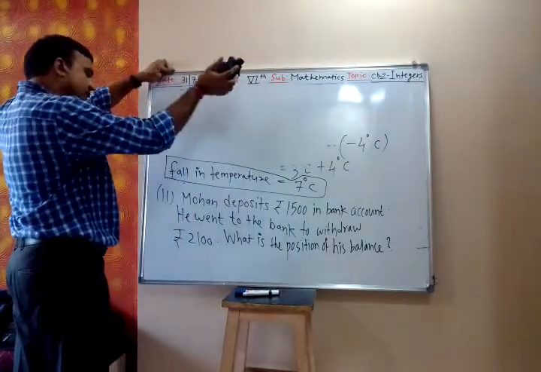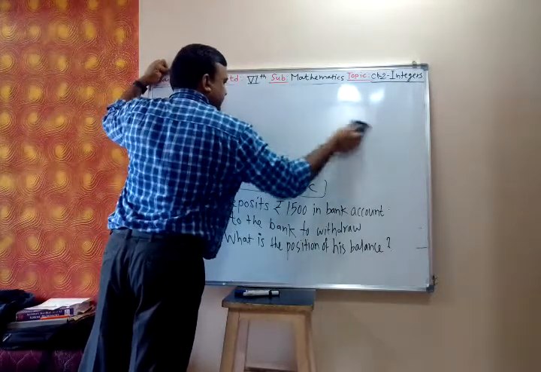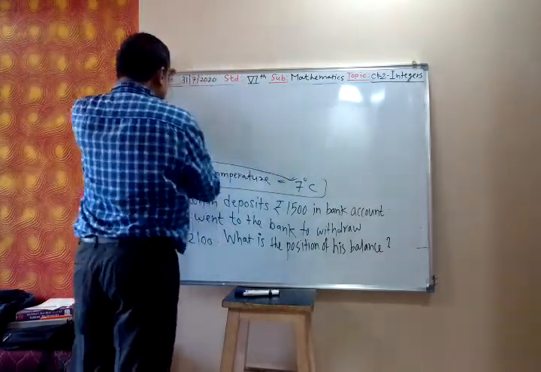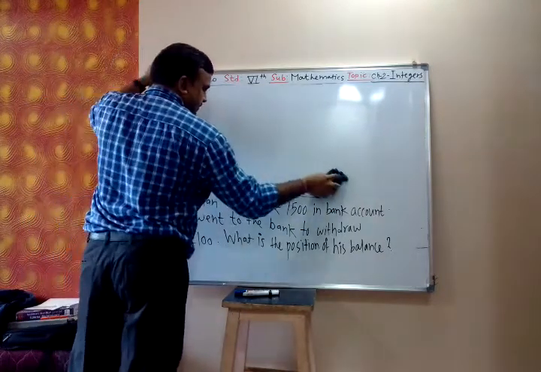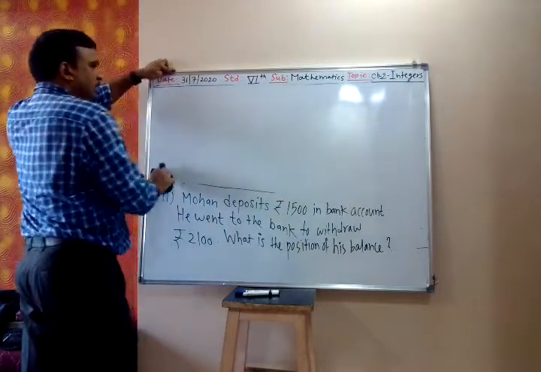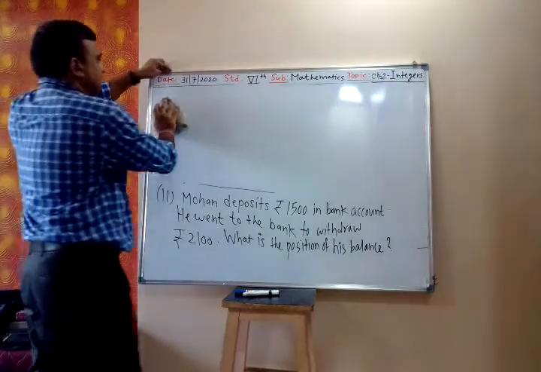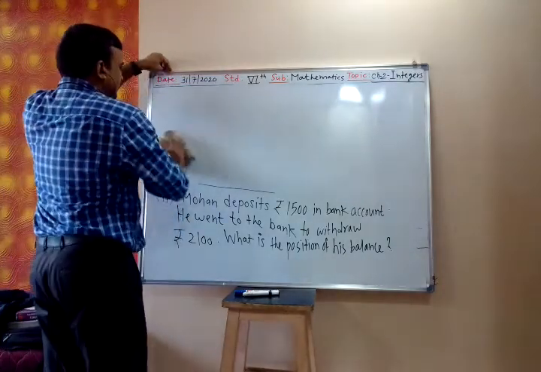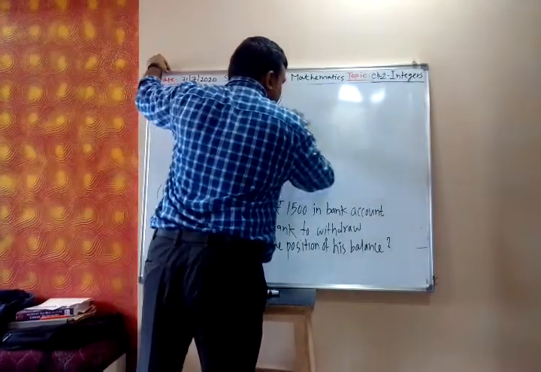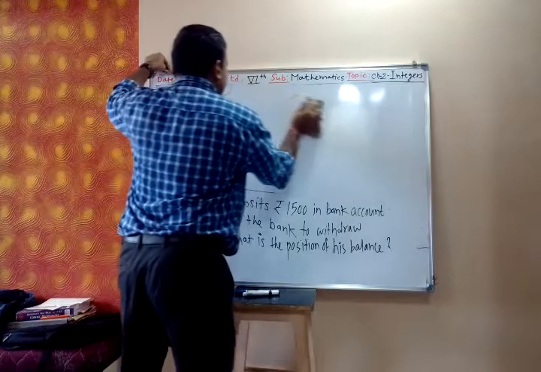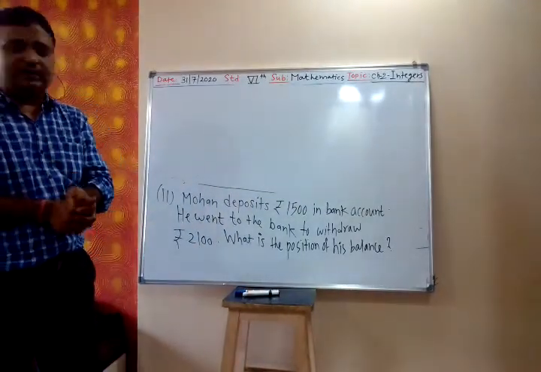So Mohan deposits 1,500 in the bank account. Deposit means you keep that amount in the bank account.